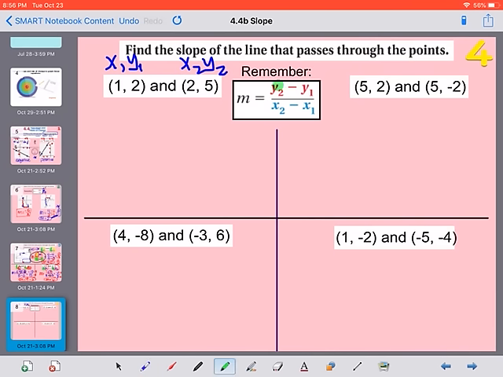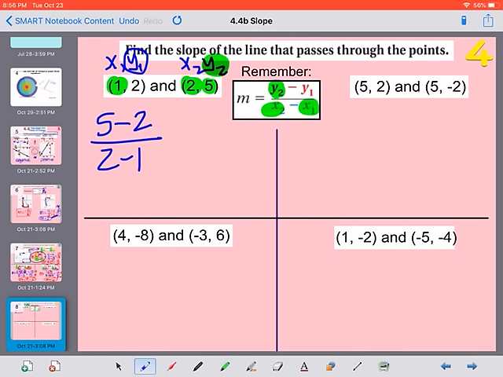First we have y2. y2 up here is really the number 5, minus y1. y1 over here is really the number 2. And on the bottom, x2 minus x1, we really have 2 minus 1. So 5 minus 2 is 3. 2 minus 1 is 1. So our slope is 3 over 1, or just 3.